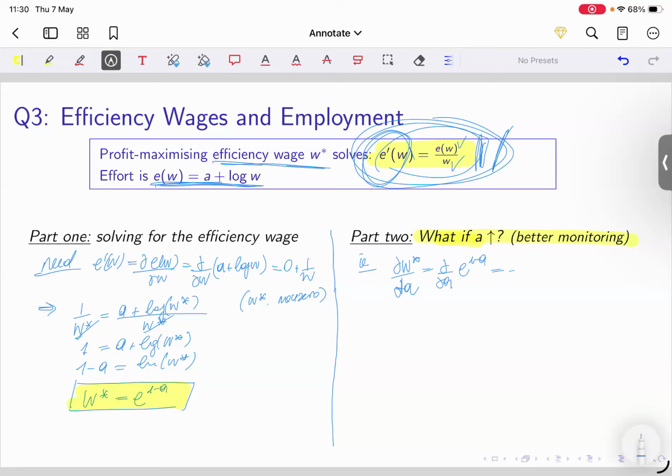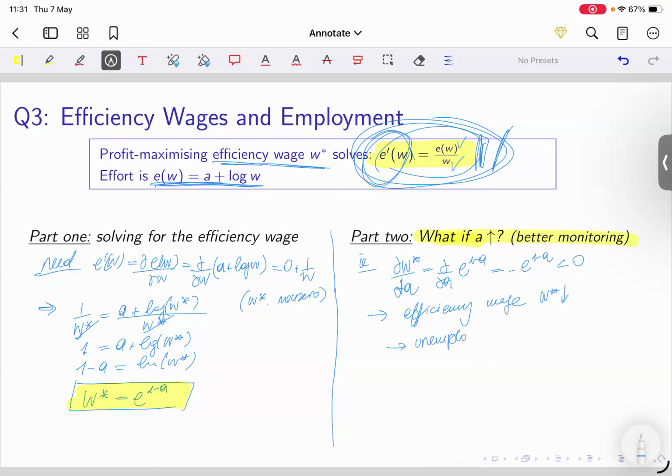This is just minus E to the 1 minus A, which is, of course, negative. So I know that my efficiency wage will decrease.